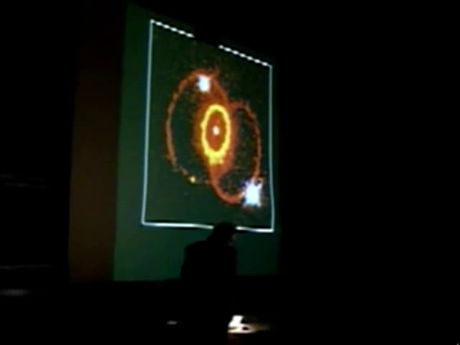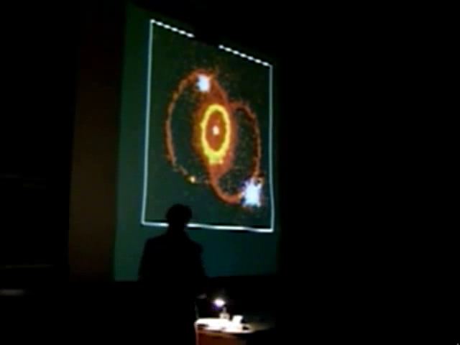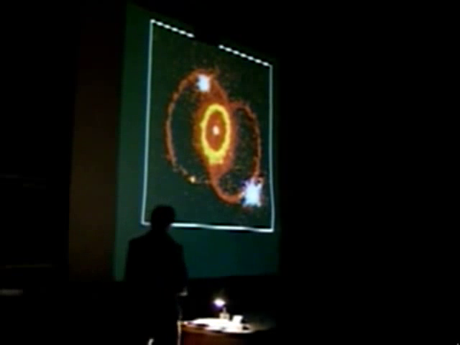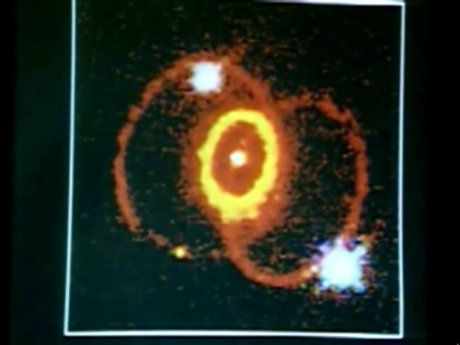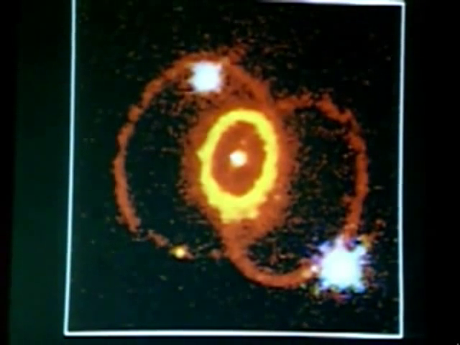This is a picture made by the Hubble Space Telescope of supernova 1987A. The inner ring that you see is the result of matter that was thrown off by the star before it went into supernova explosion.